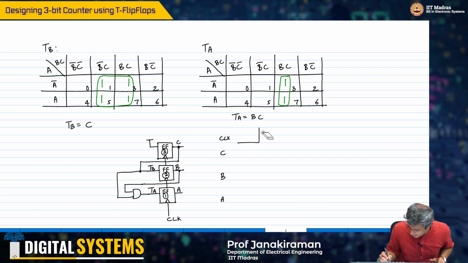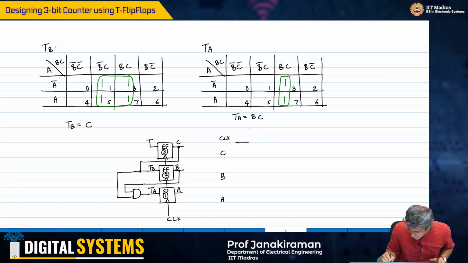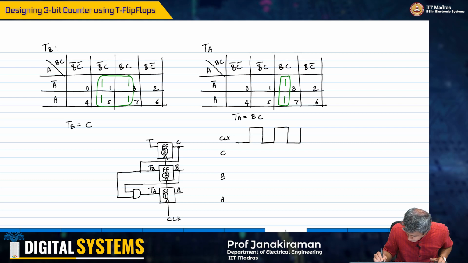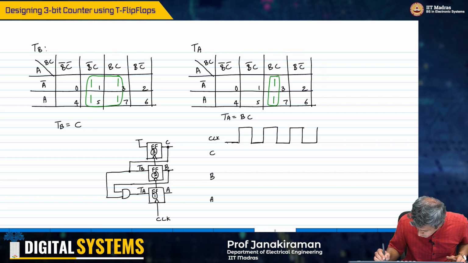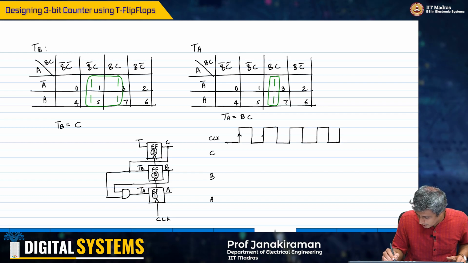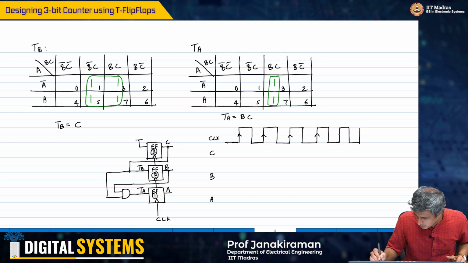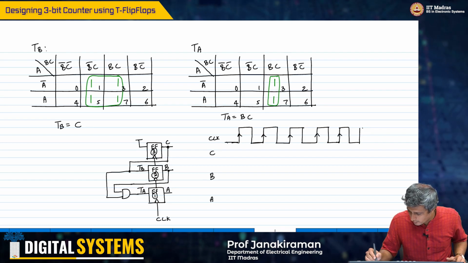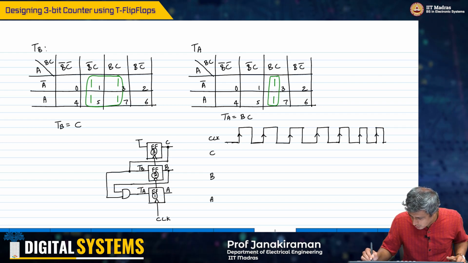So I'm going to look at 8 clock cycles. These are my sampling edges. One, two, three, four, 5, 6, 7, 8. I'm not drawing this to scale.